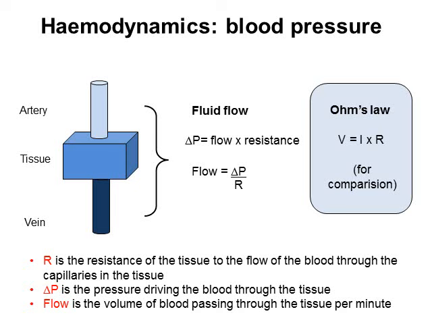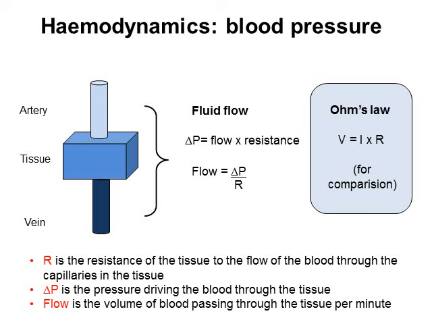If you remember, those of you who did physics, we have Ohm's law of voltage equals current times resistance. In this case, we're looking at the flow of liquid, so blood, through vessels and tissues, rather than looking at how much electrical current is being conducted. If we look at this as fluid flow and we change those values, the voltage becomes delta P, so the pressure driving the blood through the tissue.